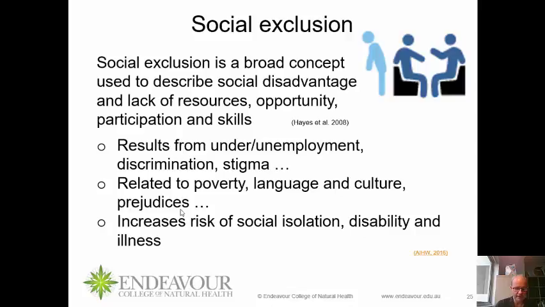So it could be related, for example, to race, religion, gender, sexual orientation, disability, refugee status. All these things are predictive of social exclusion and therefore lower mental and physical health outcomes.